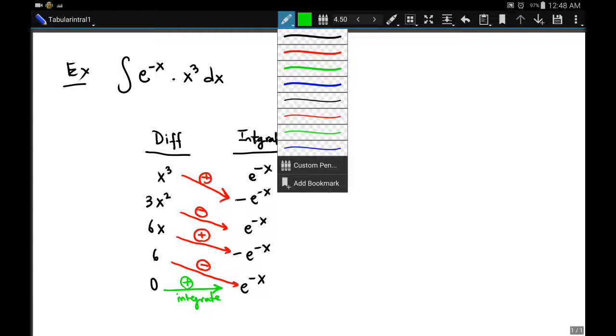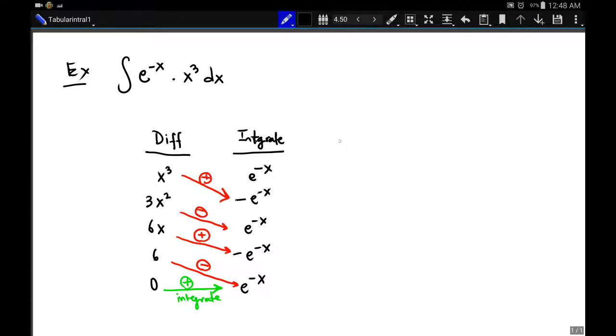Okay, so the integral of e to the negative x times x cubed dx is now equal to negative x cubed times e to the negative x. So let's keep e to the negative x outside in here. And then, of course, there will be a plus a constant in that.